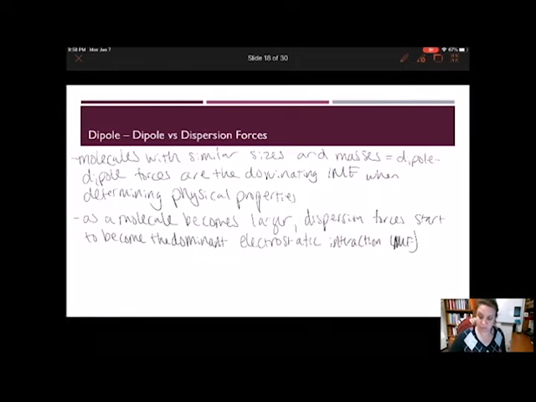So we will get to a point where we have a molecule that is large enough that dispersion forces will become the dominant intermolecular interaction or electrostatic interaction.